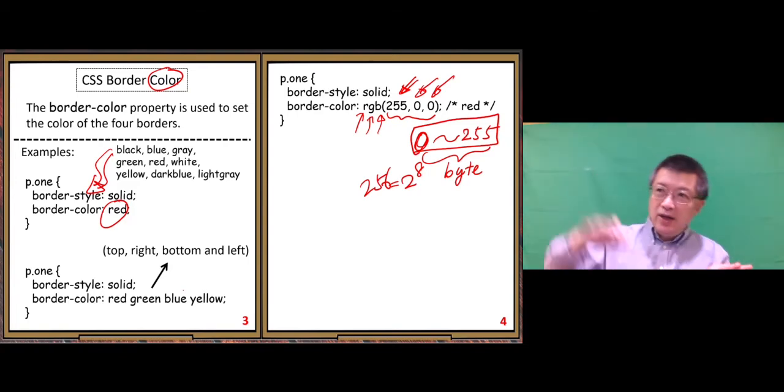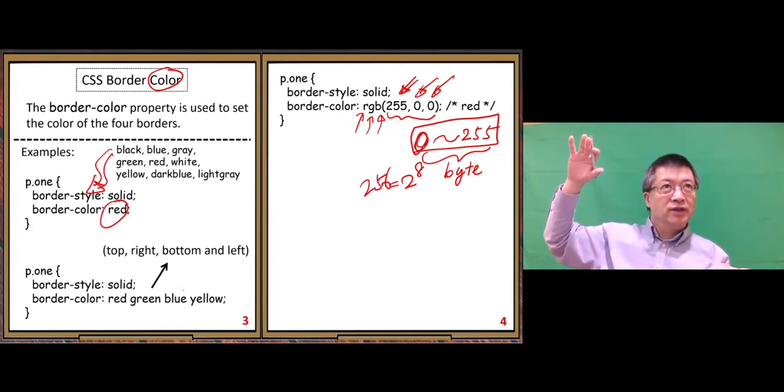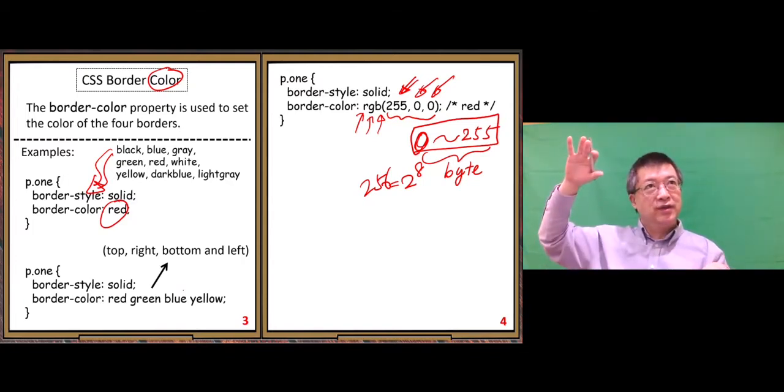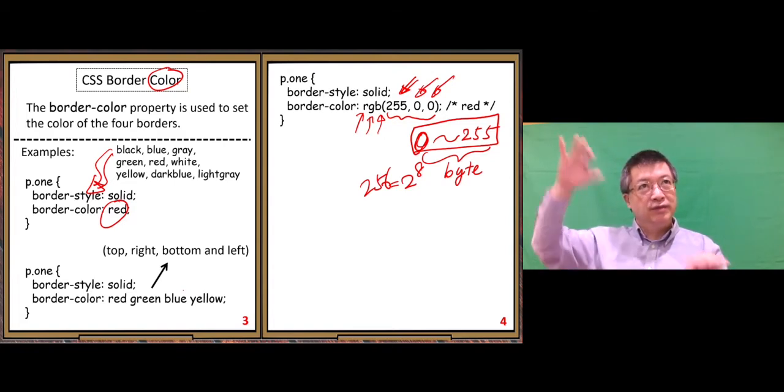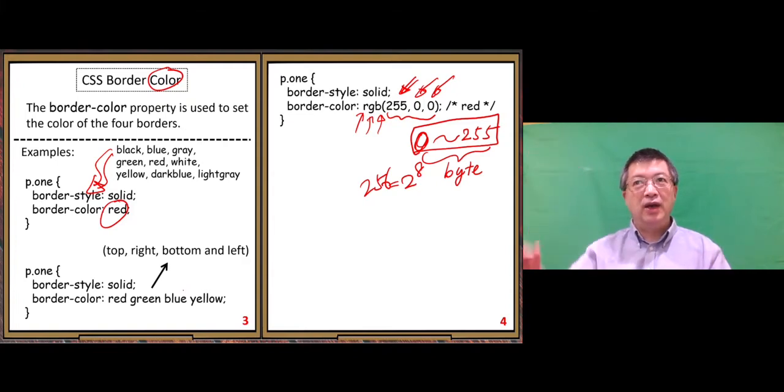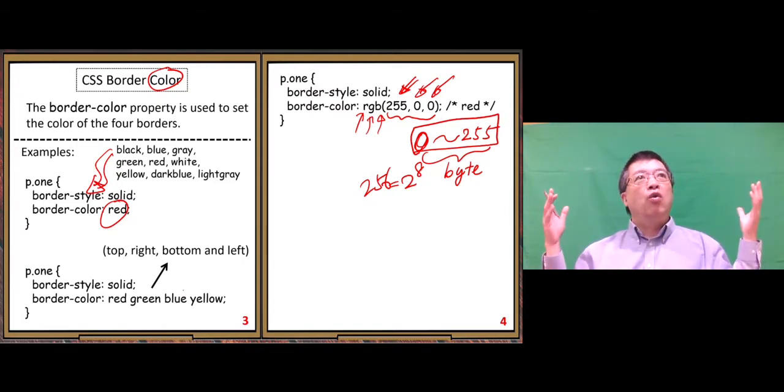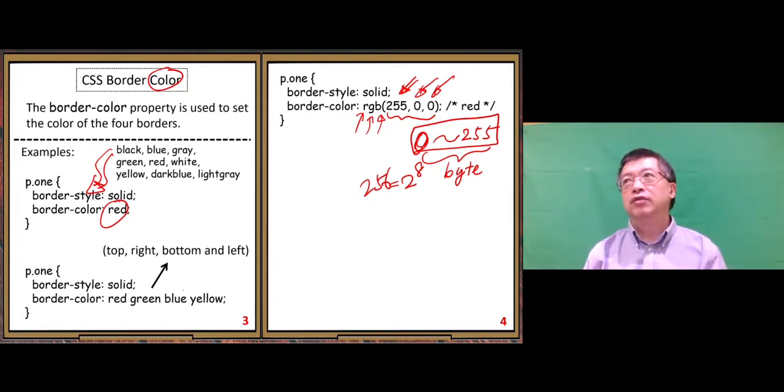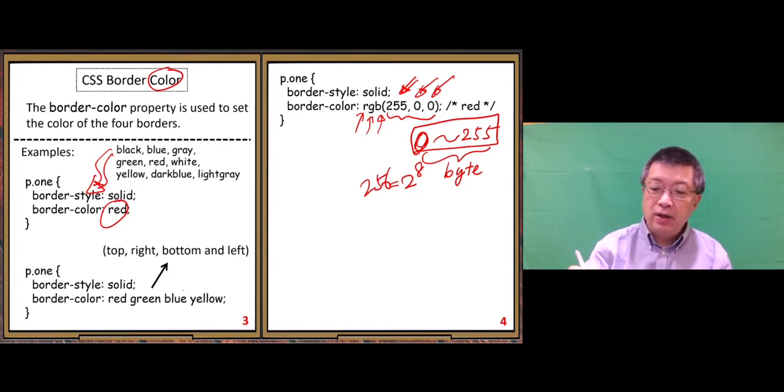The highest grayscale value is 255. So for white color, what RGB do we have?